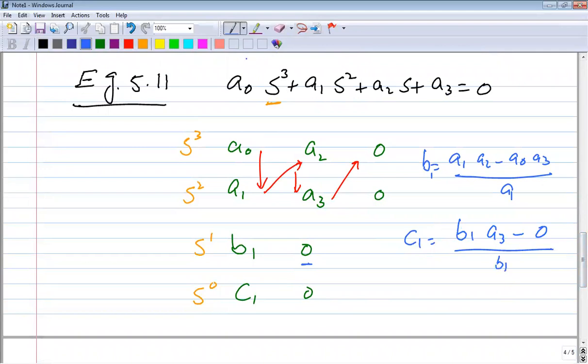This basically cancels out with b1, so eventually I get c1 is equal to a3. And so basically we have b1 equal to a1 a2 minus a0 a3 divided by a1, and c1 is basically equal to, right?